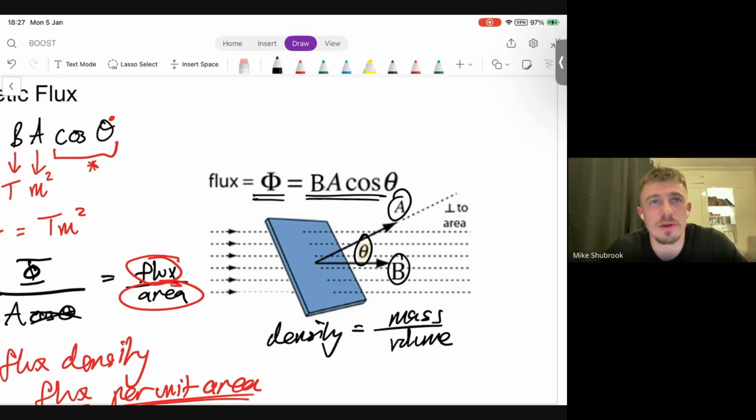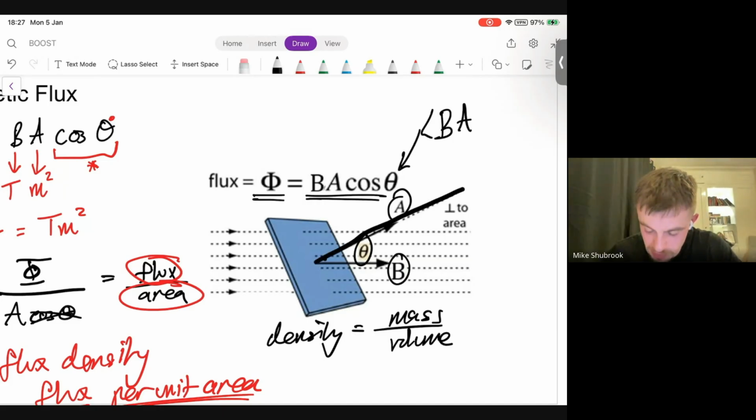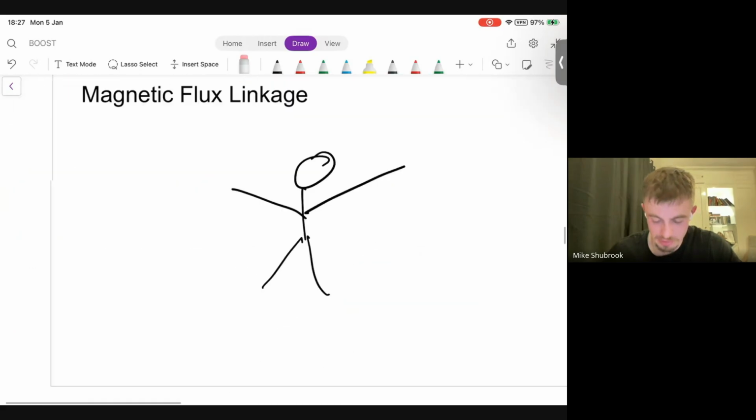This theta is the angle between B and the area vector, which is the vector which points perpendicularly out of the area. If you can remember that is the definition of theta for this part of the topic, then I think that should answer your question. Okay, thank you. Great, nice one.